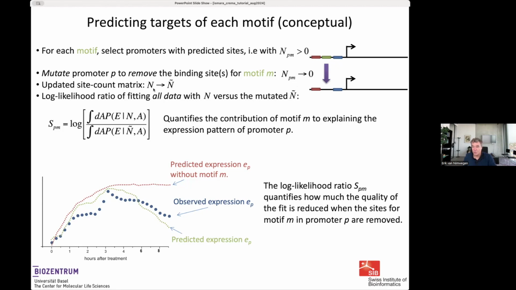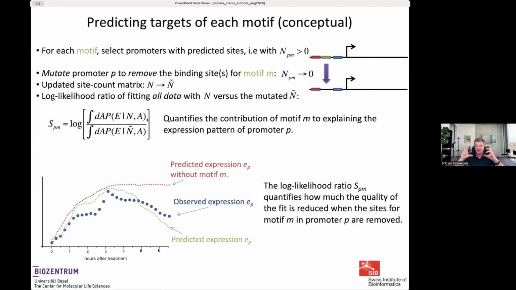And then we fit again the entire model, fitting all the motif activities, now using this mutated matrix N tilde. And we calculate how well this model fits the data. It's a complicated integral actually, but it doesn't matter for right now.